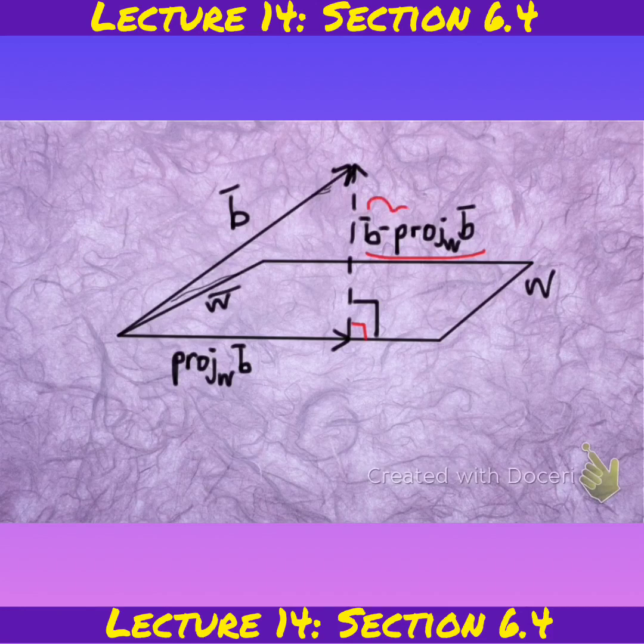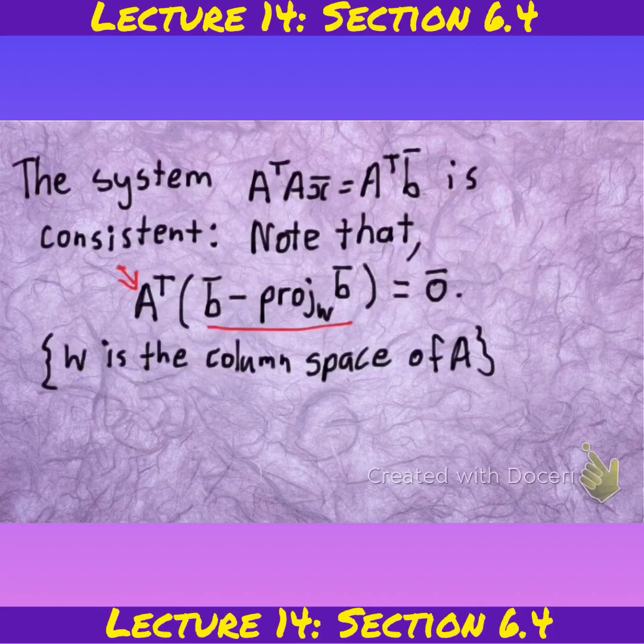So this vector is going to be orthogonal to all those basis vectors, and therefore orthogonal to every column vector of the matrix A. That implies it is orthogonal to every row vector of A's transpose.